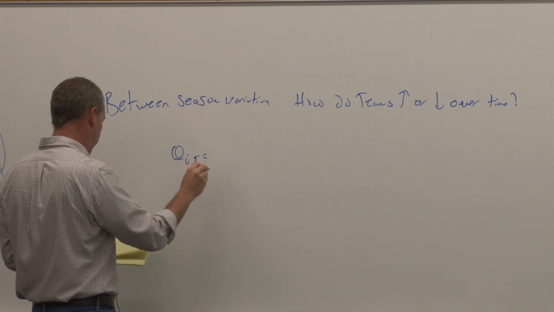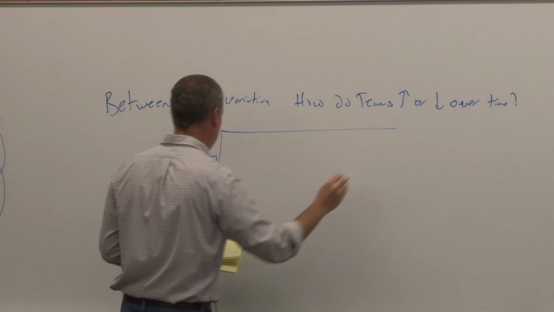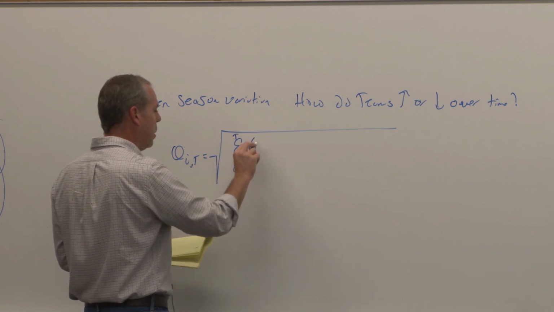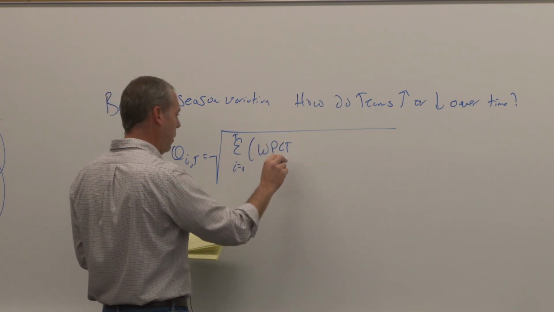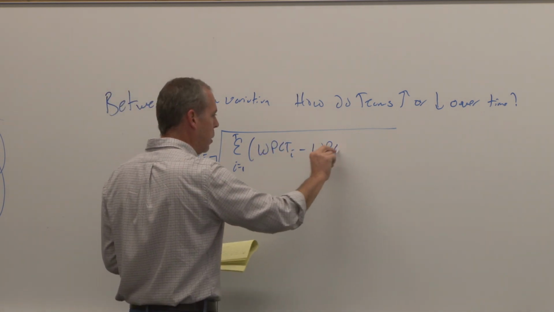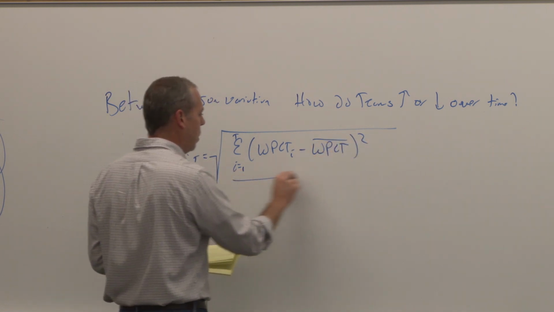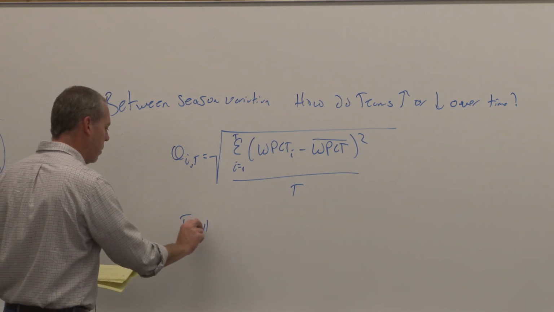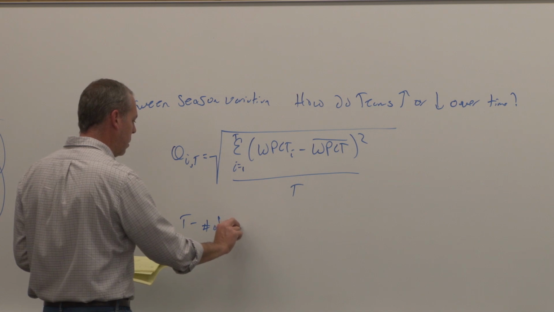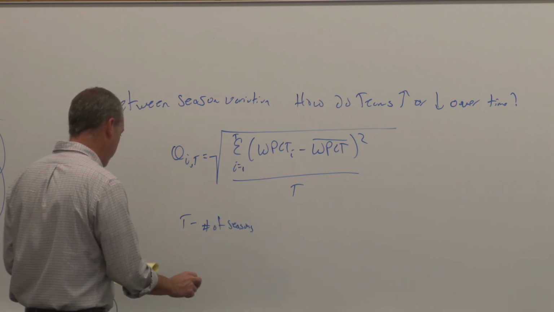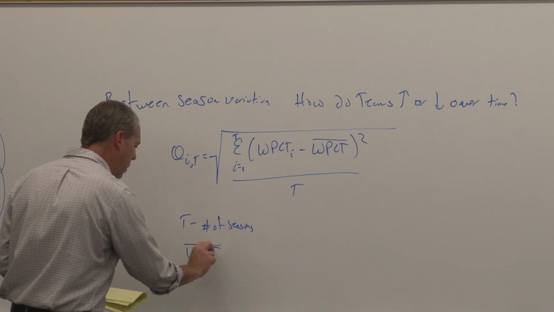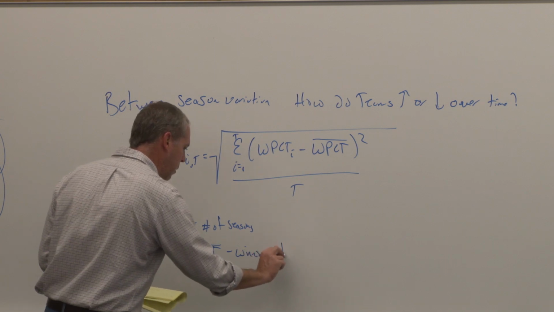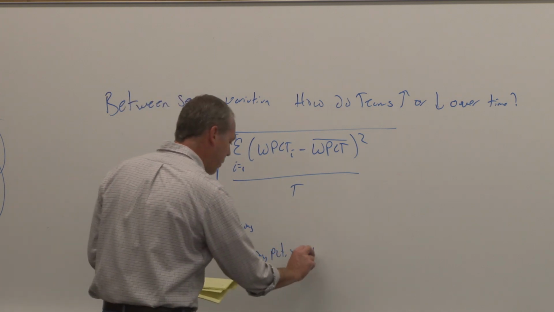So same thing, here's our theta IT. We get our summation, i equals 1 to t, WPCT i minus WPCT bar, squared, all over t, right? Where t is our number of seasons. This is our winning percent over t seasons.